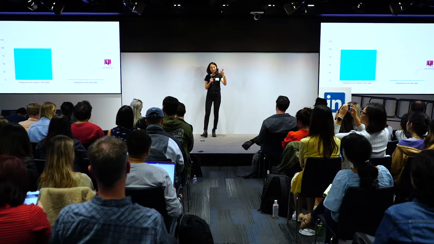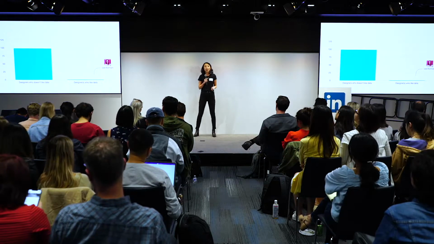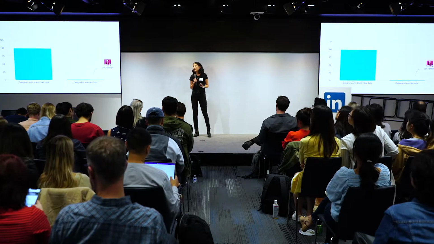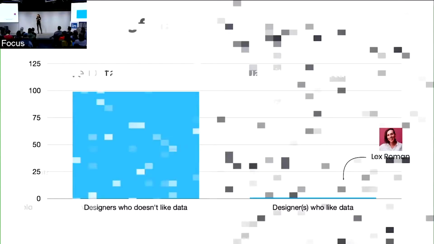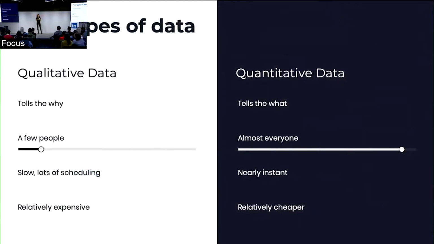For the rest of you, I hope after today's talk, you feel a little bit less intimidated and have some ideas on where to start incorporating more data in your day-to-day process. If you're a designer, and especially if you're user-centric, you're probably already using some sort of data, like qualitative data. We talk to users, we run usability testing. Those are fantastic.